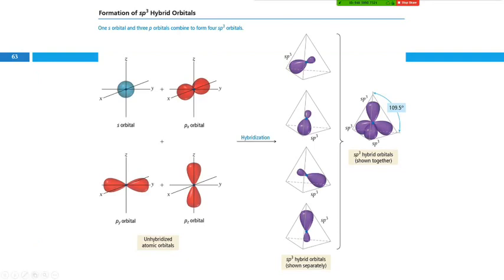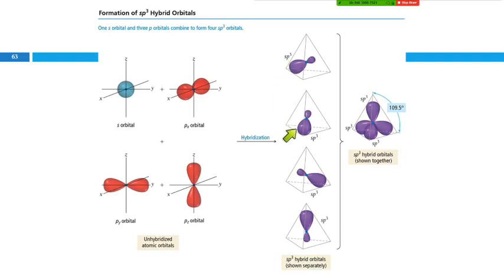So what would this look like? Here we have representations of s and p orbitals, and we looked at these shapes earlier. And so when we take these four shapes and combine them mathematically, we end up with four new shapes. It's a little hard to imagine how that works out, but just go with it.